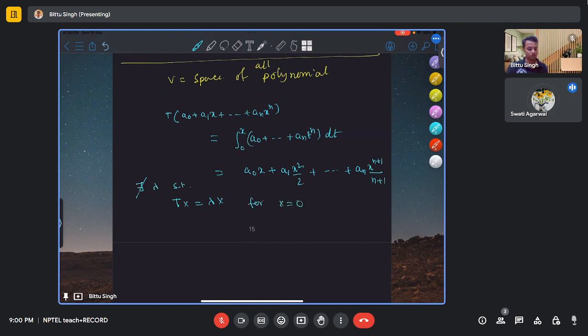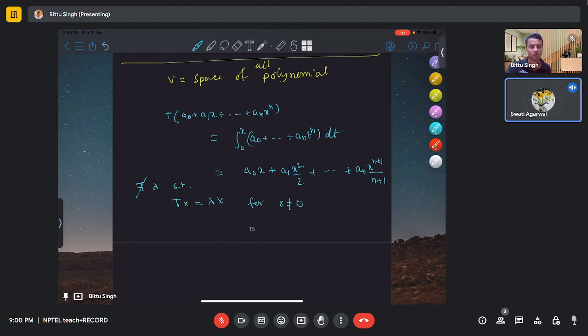What you're saying is that earlier we used to take one vector, now it's a polynomial space. So we cannot isolate a lambda which will multiply this whole polynomial in such a way that it satisfies the equation.